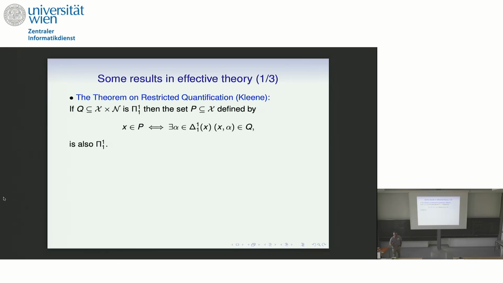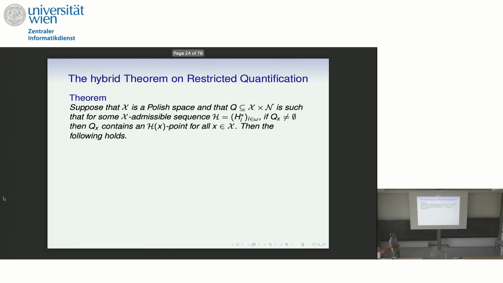I'm going to rephrase this now in terms of the classical theorem, the hybrid theorem. We will replace delta 1,1 in x with H of x points. Suppose that X is a Polish space and Q is a subset of X times N, such that for some admissible sequence, the delta 1,1 x points, if Q of x is not empty, then it contains an Hx point.